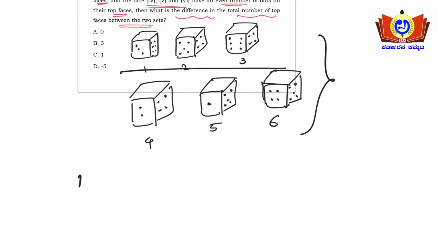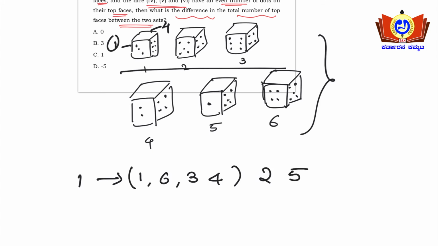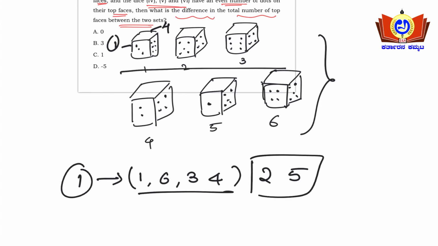So the first dice has faces 3 and 6. 3 and 6 means the opposite faces will be 4, and here it will be 1. So for the first dice, 1, 6, 3, 4 are the given faces, so the top face should be either 2 or 5. But the question states that it has an odd number, so the top face will be number 5 here.